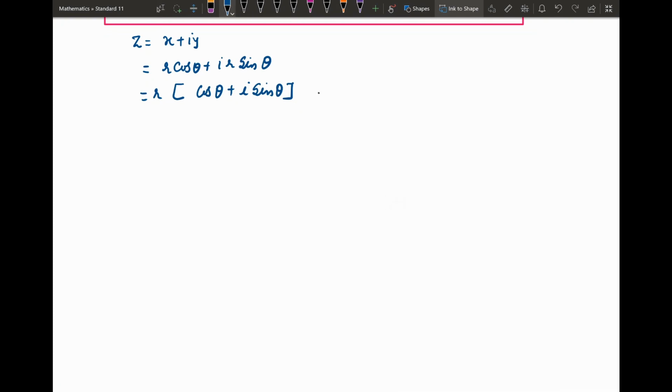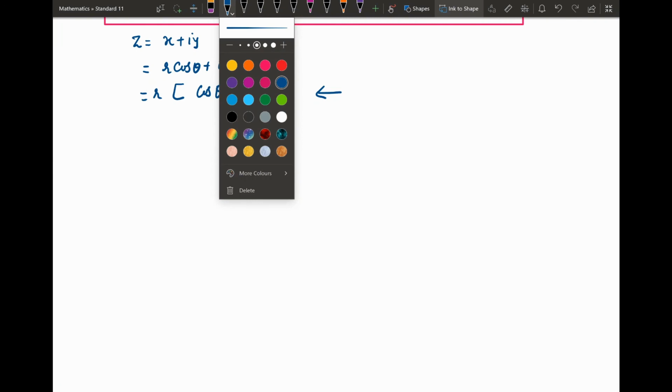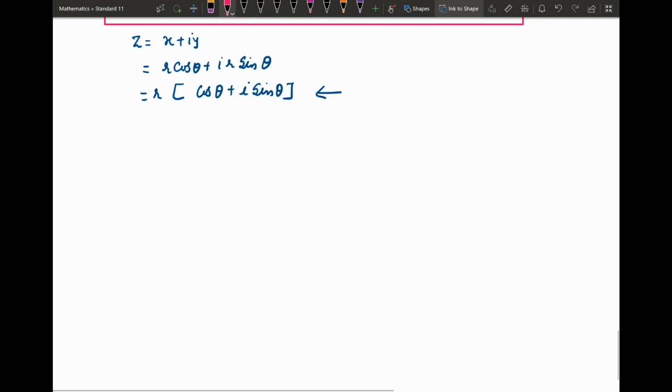This form is known as the polar form of a complex number z.